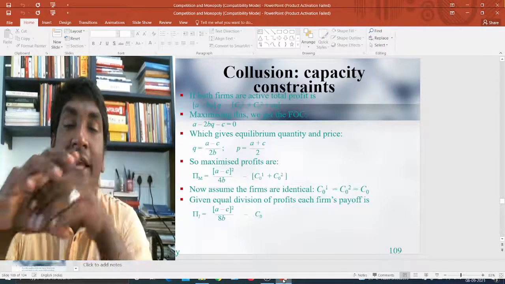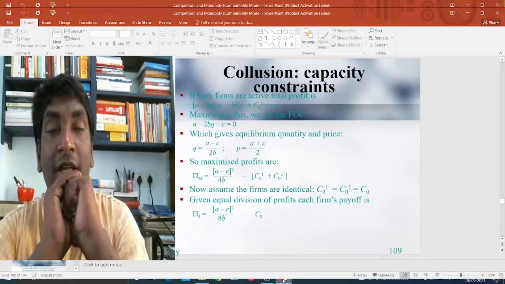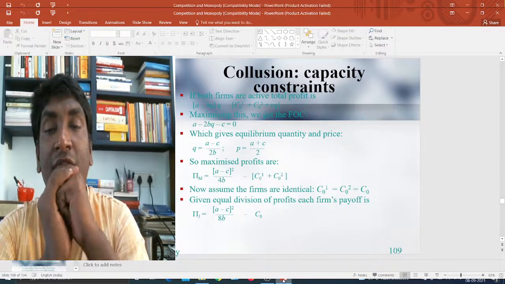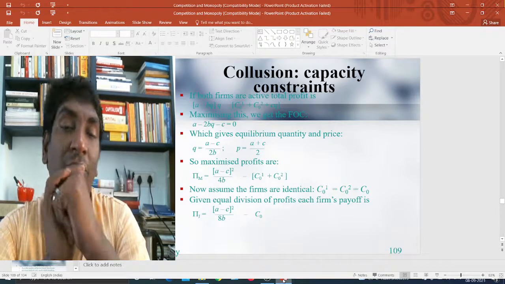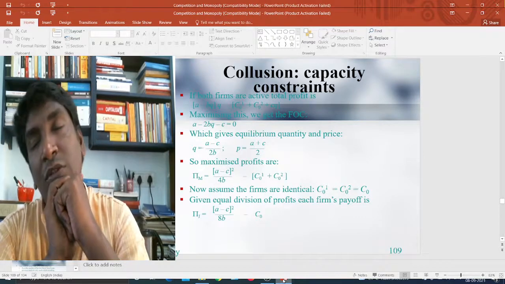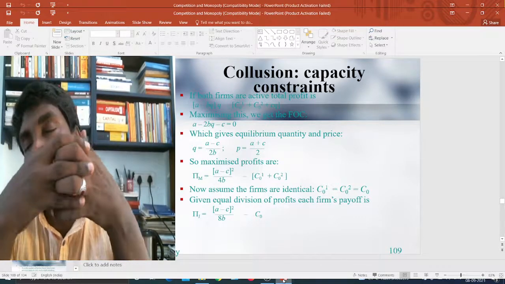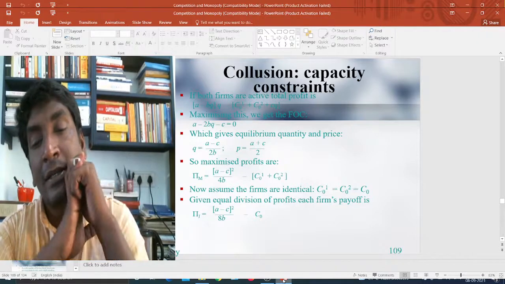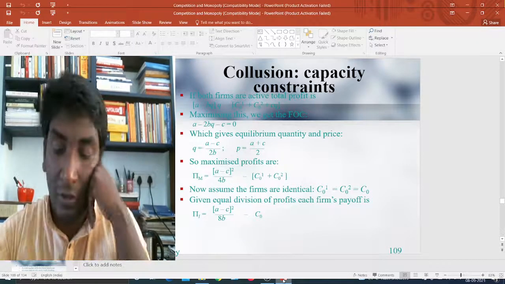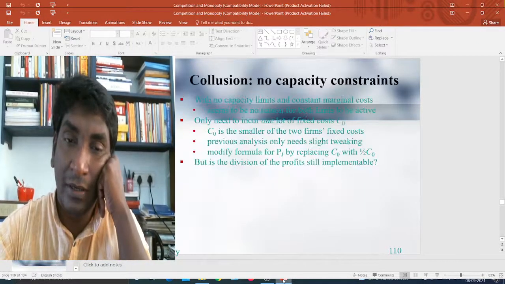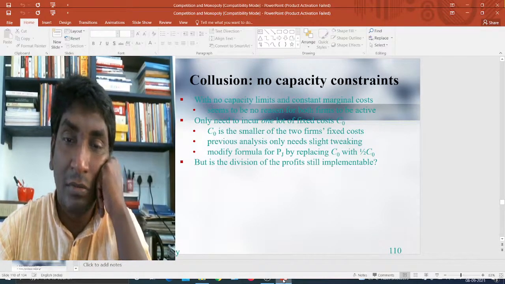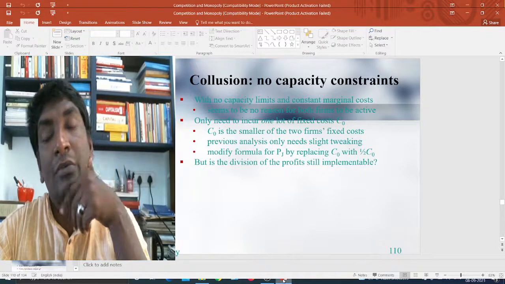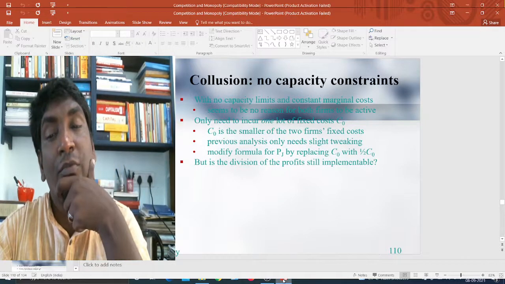Now, as I said, we have a model, and if a firm is active, total profit is given by this equation, where both firms are trying to maximize profitability, and therefore your function would be the following. With no capacity limit and constant marginal cost, there is no reason for both firms to be active.